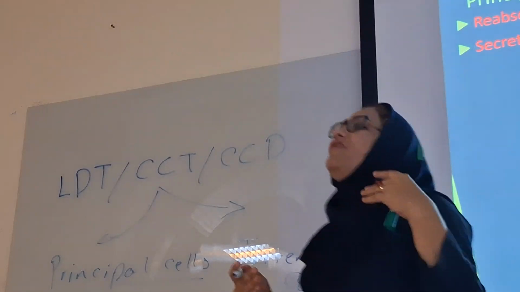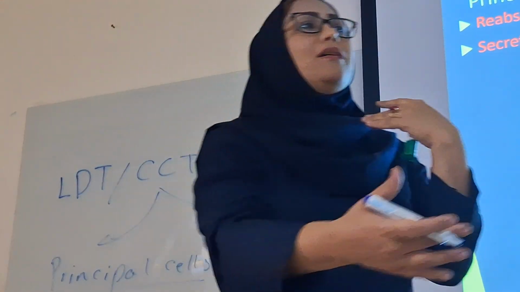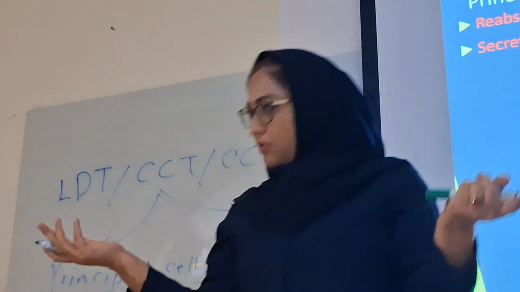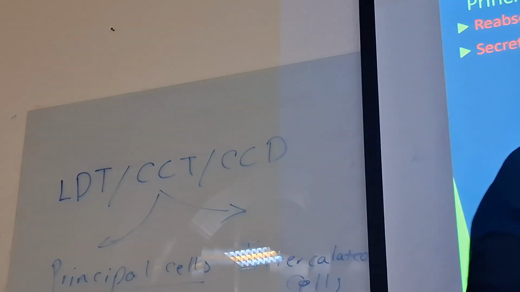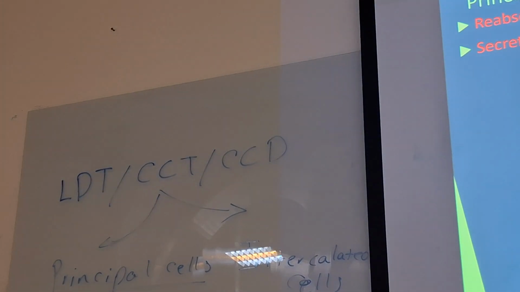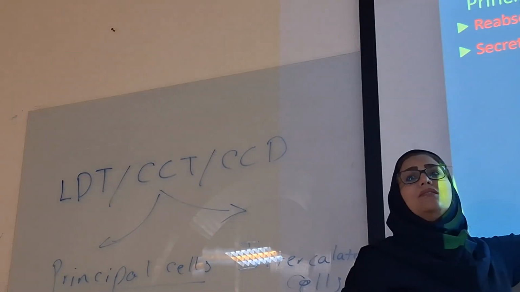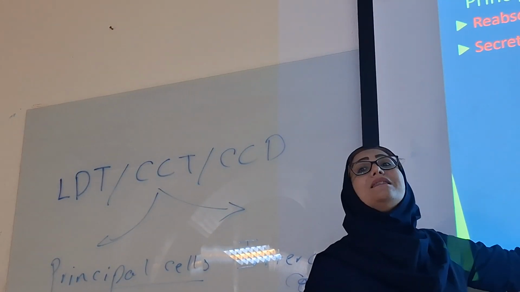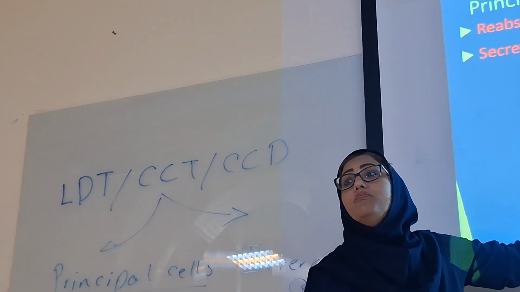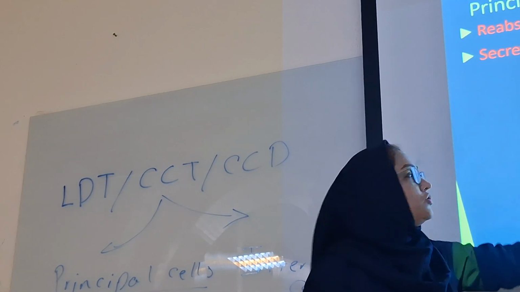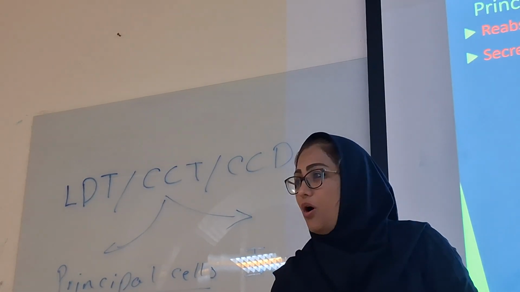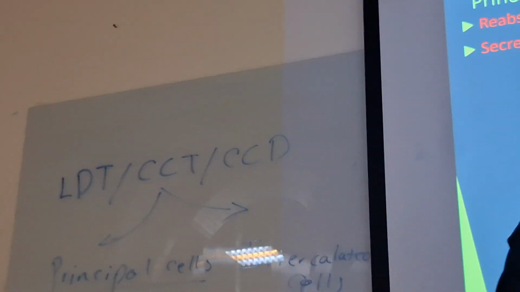When we have leak channels, it means ions are moving based on electrochemical gradients. Sodium concentration is low inside, so sodium comes in, and potassium goes outside. Actually, this driving force is provided by the sodium potassium pump. Here, don't forget, as I told you, you cannot see the sodium potassium pump in the apical membrane.